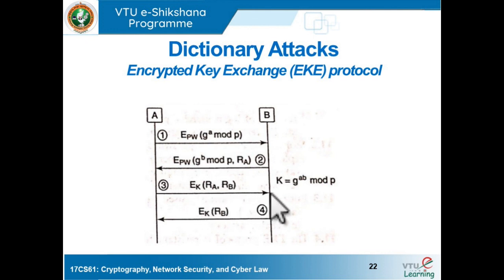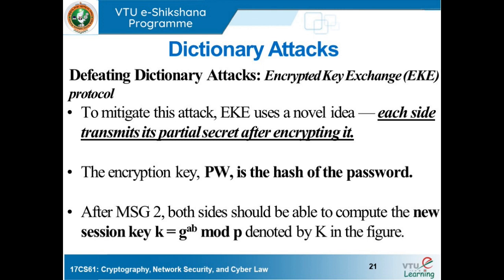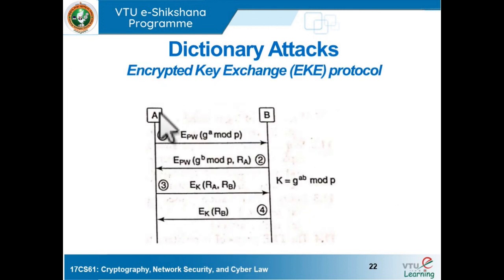Upon receiving this, Bob will also be able to retrieve the challenge RB and then send it back to Alice. Now after the first and the second messages that are communicated between Alice and Bob, both Alice and Bob are able to deduce the shared secret, which will be used for further communications.